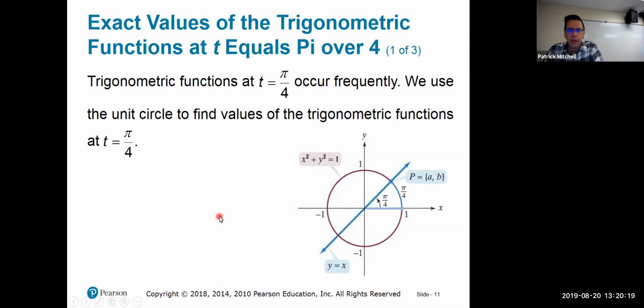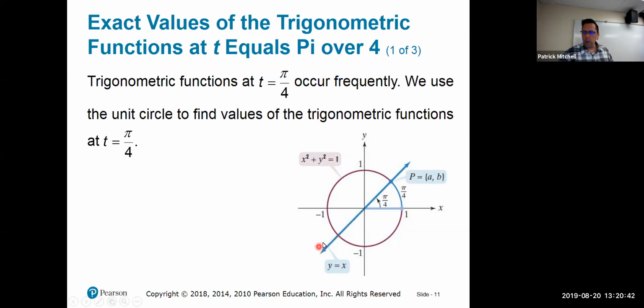The first thing they point out is that because this line comes up at a 45-degree angle, it is the line y equals x. We have not done any reviewing of equations of lines in this class, but hopefully that's something you remember.